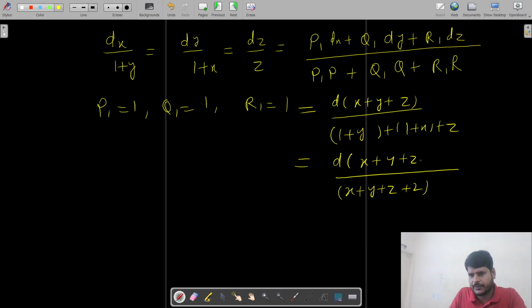Now I am adding plus 2 here in the numerator. Why? I have to make the exact differentiation of the denominator. The denominator is x plus y plus z plus 2, so if you differentiate it, you get the same thing. Now we take the third and fourth fractions.